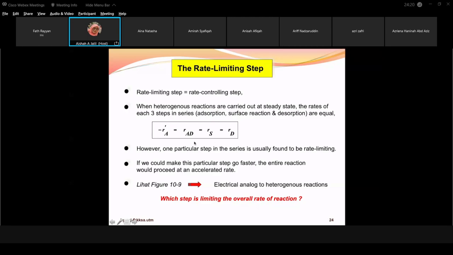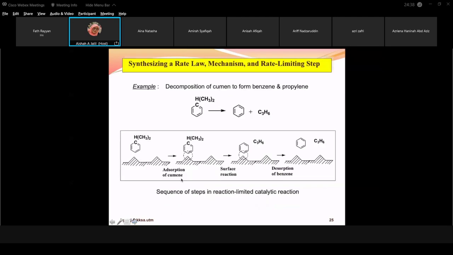So if we can control one of the resistances, we can control the whole circuit. That's the analogy for this reaction. Okay, so which step is limiting the overall rate of reaction? Okay, so you have to determine. So this is the example, synthesizing how to determine.